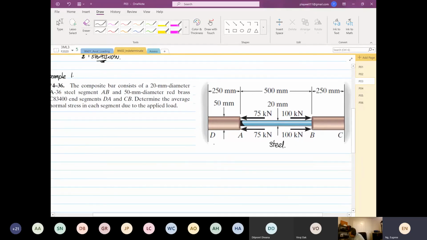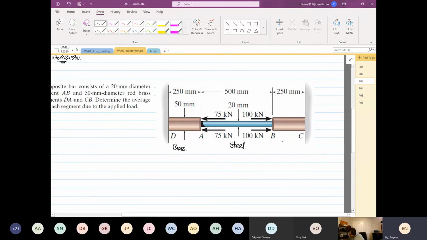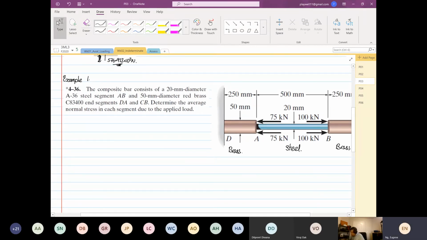So this is brass, and the next one is also brass. So we are going to find the average normal stress in each section due to the applied load.